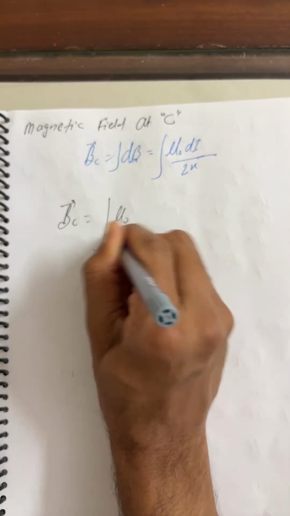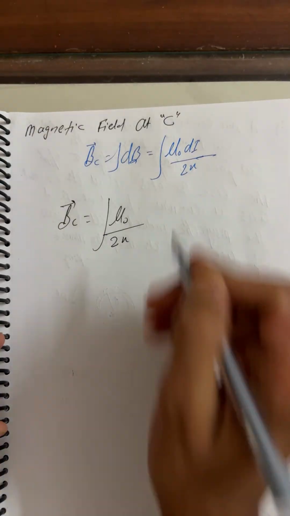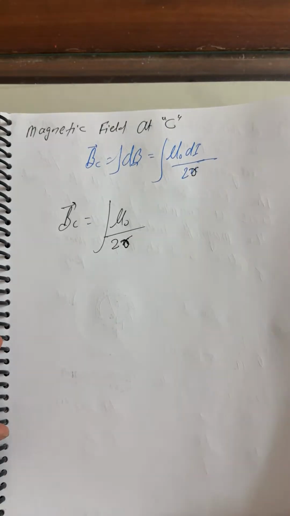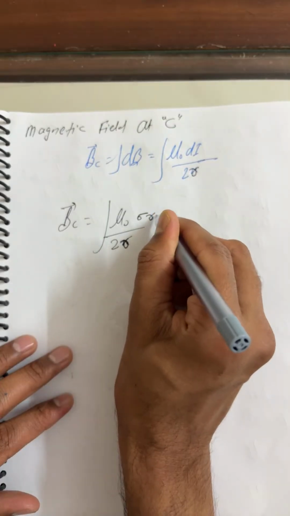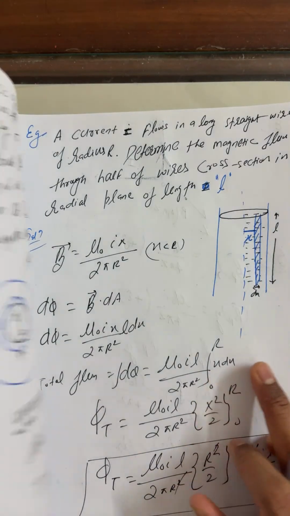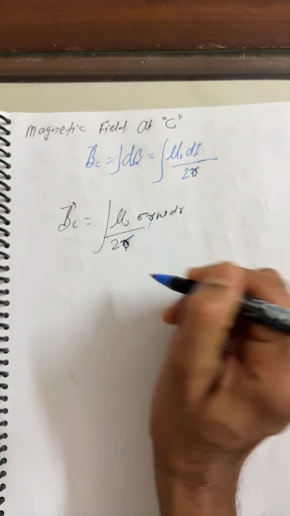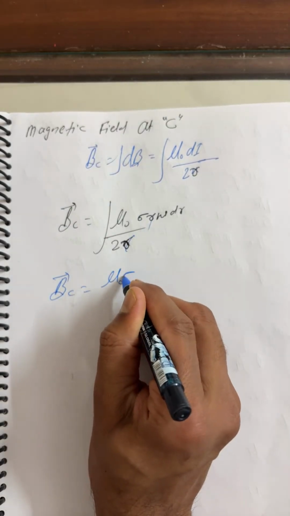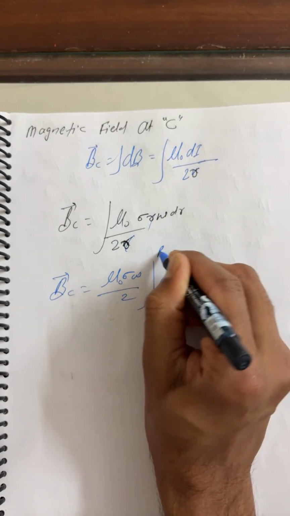So the magnetic field at center C is mu naught upon 2x, and di is sigma r omega dr. Here x is r, since from the center it's r only. So the magnetic field at center is mu naught sigma omega by 2, integration of dr only, with limit 0 to r.